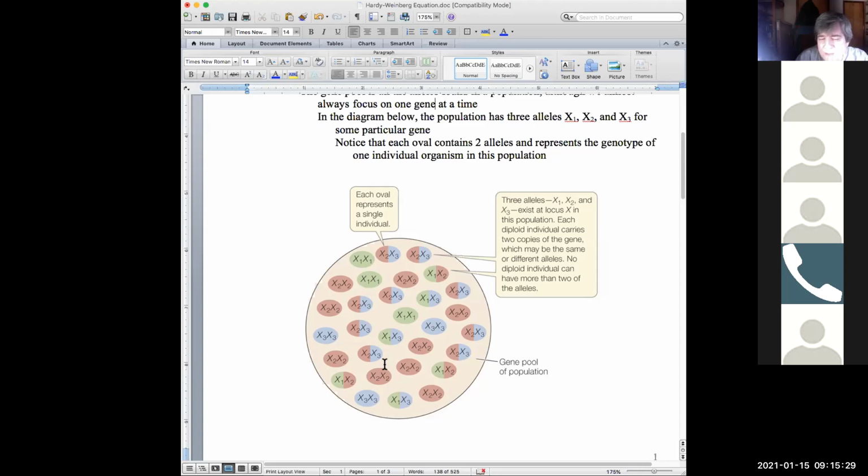So if you have brown eyes, how do we know if you're homozygous for brown eyes or heterozygous? Well, unless we want to spend a lot of money and sequence your DNA, we have to look at your family tree. If you have brown eyes, but one of your parents, your mom or your dad, had blue eyes, we know you're heterozygous because you inherited an allele for blue eyes from that parent.